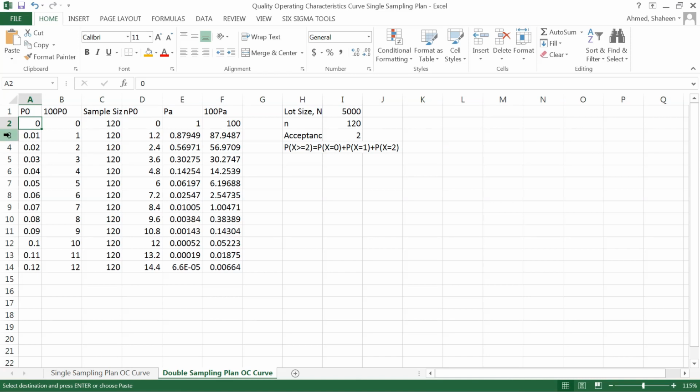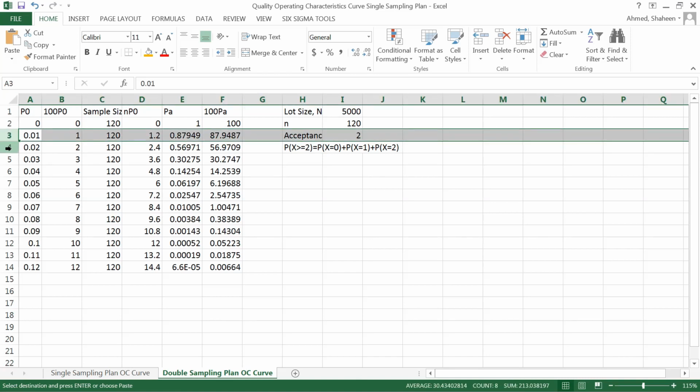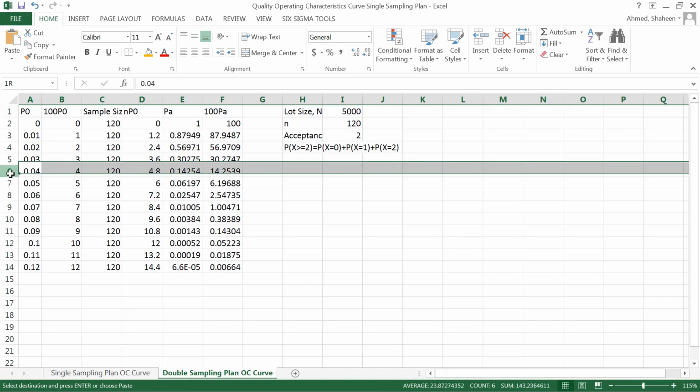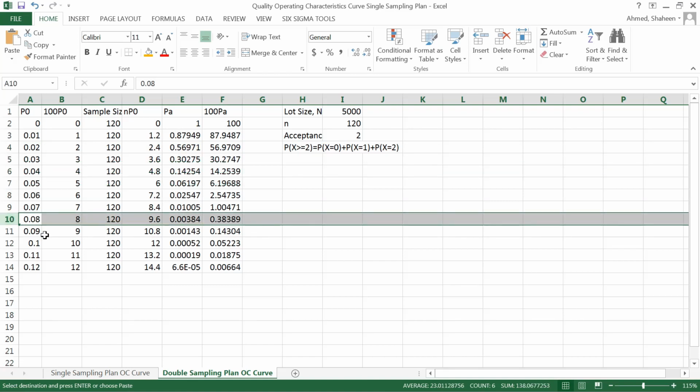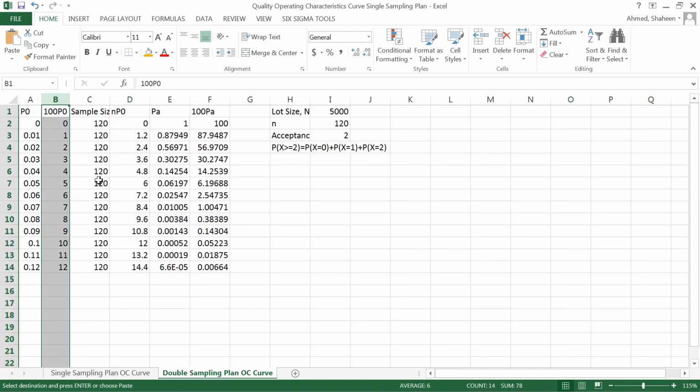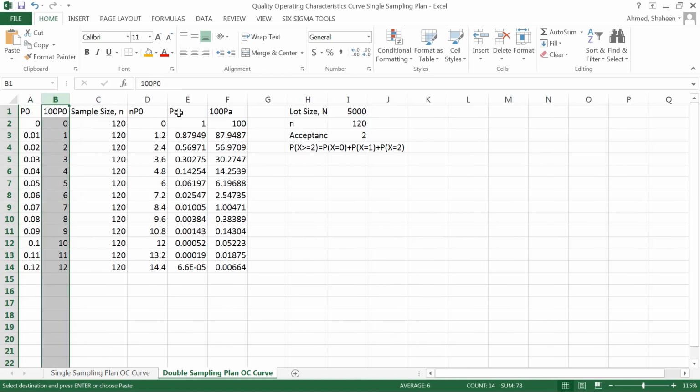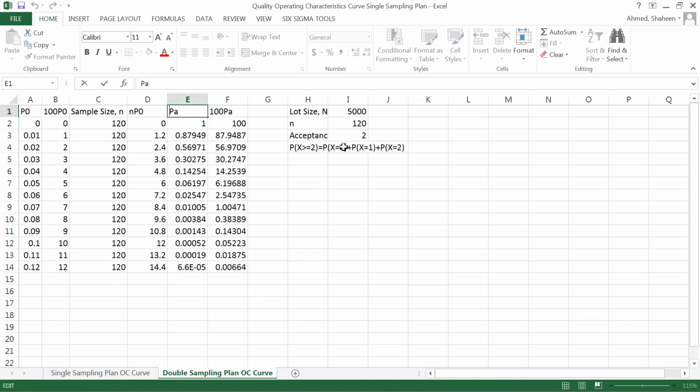There is not much defect in there. What if the probability is 1%, 2%, 3%, 4%, and so on. For each of these probabilities, we're going to calculate the probability of acceptance. This was the acceptance probability.